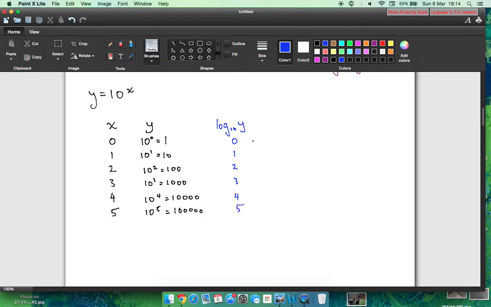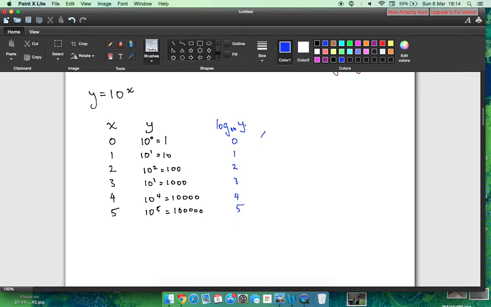So in other words, by taking a log to base 10 of each of these y values, what we're finding is the number of times that 10 is being multiplied by itself to get to whatever that original y value was. So in other words, 10 to the power of 0 equals 1, 10 to the power of 1 equals 10, 10 to the power of 2 equals 100, etc.